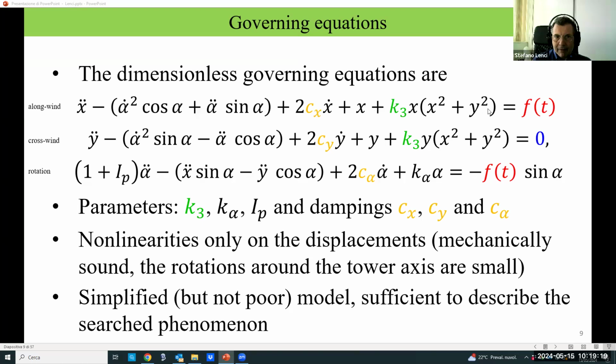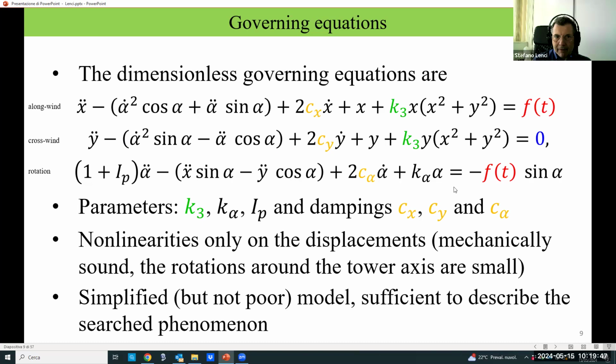So this is the nonlinear stiffness due just to the bending of the wind tower. And here is the excitation due to the wind, the F, which is only in the direction of the wind, you see. This is the crosswind displacement. Here you have no excitation because the wind pushes in the other direction; there is no force in this crosswind direction.